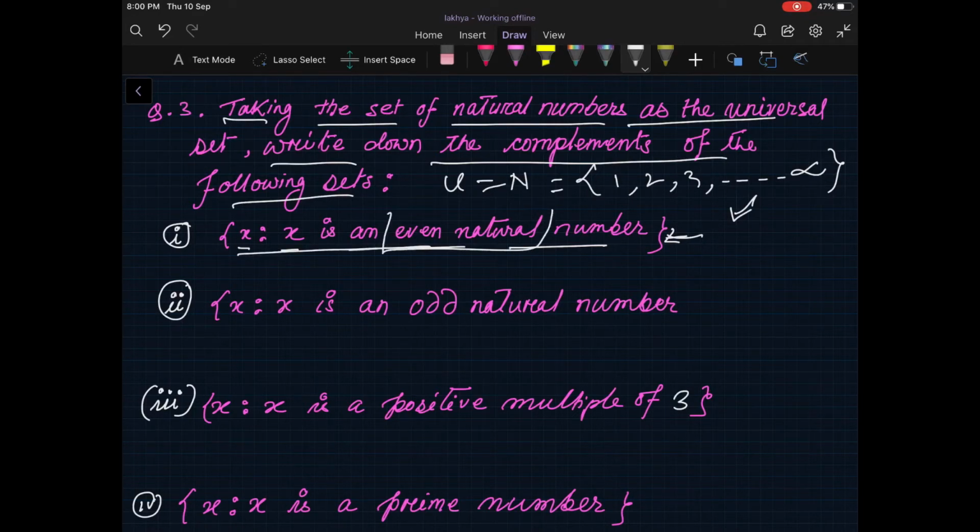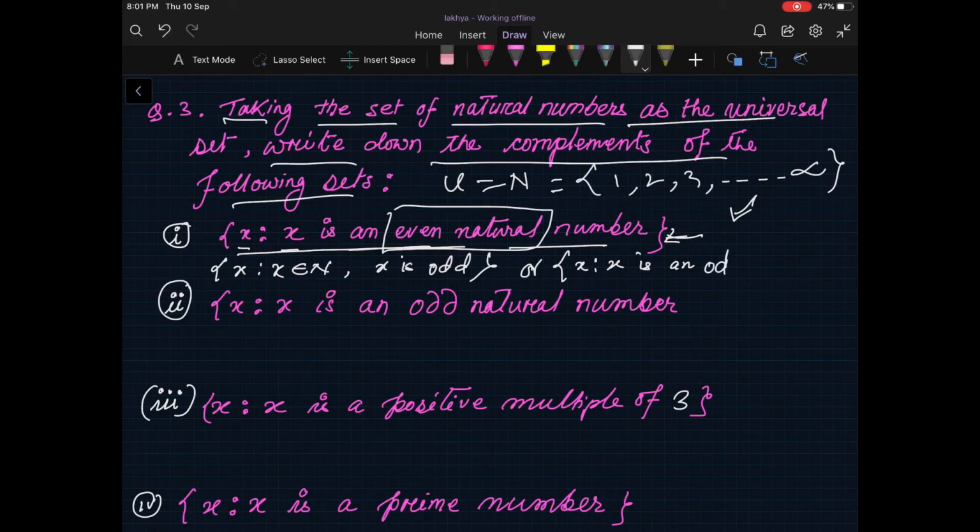This set is the set of even natural numbers, so its complement must be the set of X such that X is a natural number where X is odd, or you can write X such that X is an odd natural number. So this is the complement of the given set.